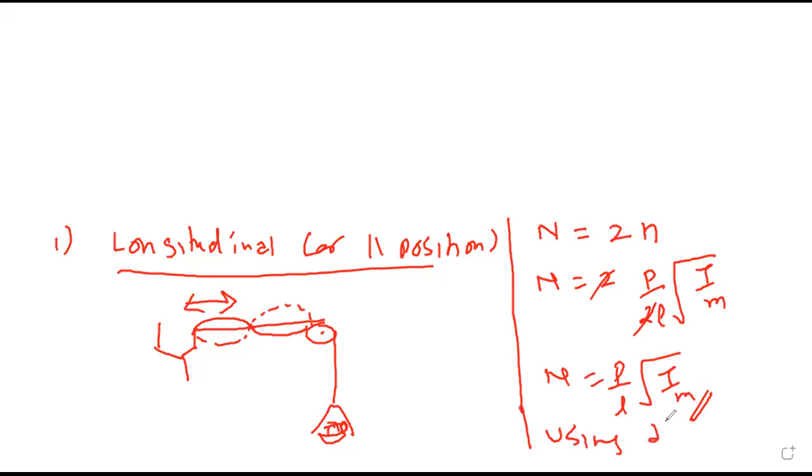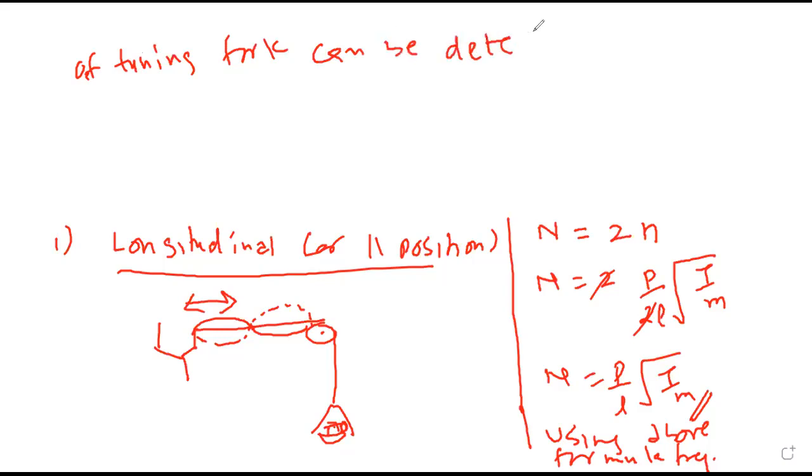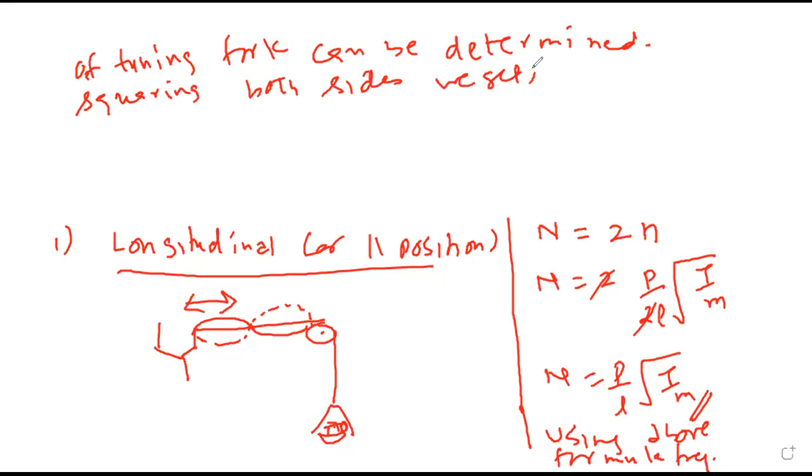Using the above formula, the frequency of the tuning fork can be determined. Then squaring both sides, we get n square equal to p square upon L square T by m.